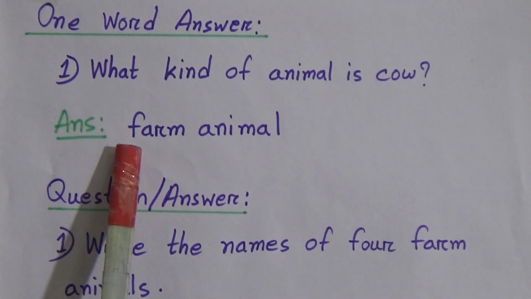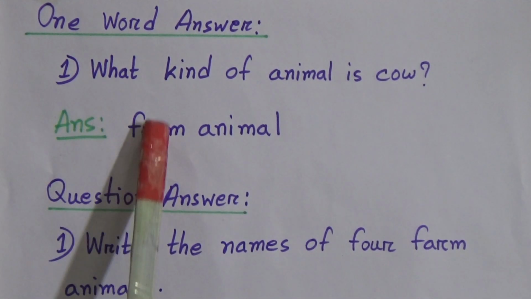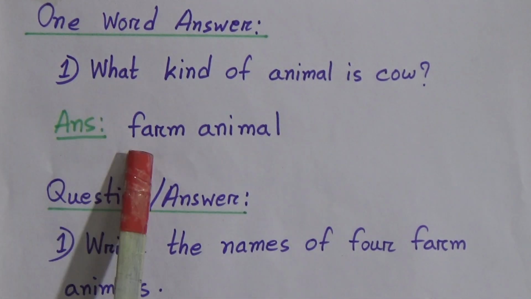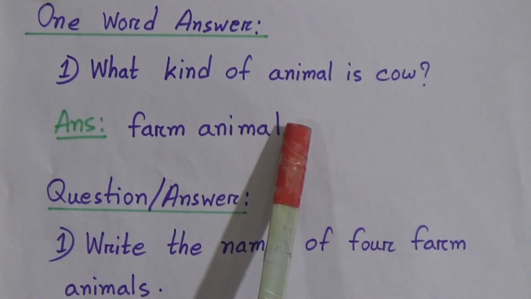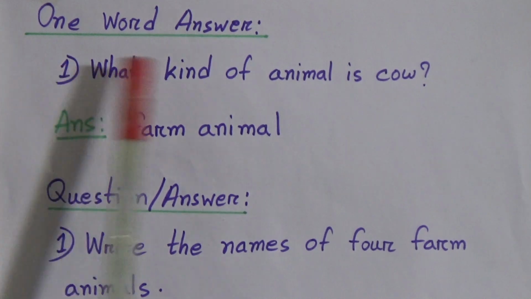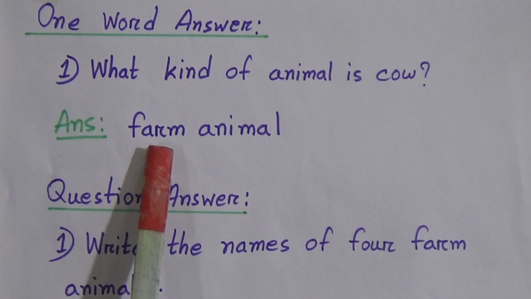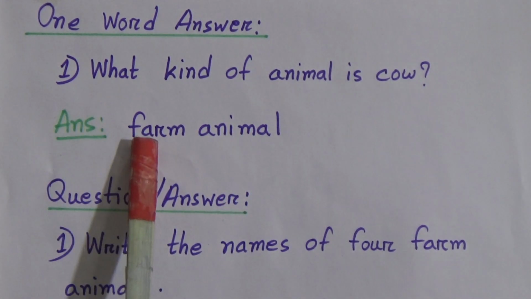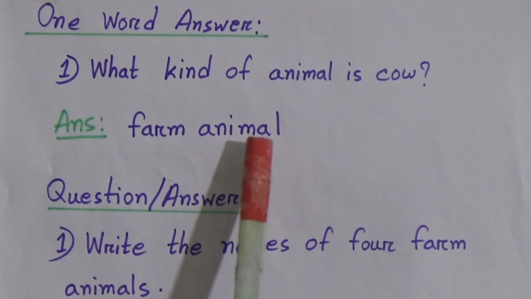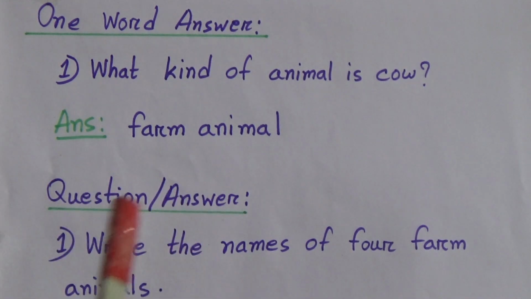Look at this answer, students. I am not using a capital letter. For one word answer, you will start with a small letter, and I didn't put any full stop. So what kind of animal is cow? The answer is farm animal. Farm, F-A-R-M, farm, animal, A-N-I-M-A-L, animal.